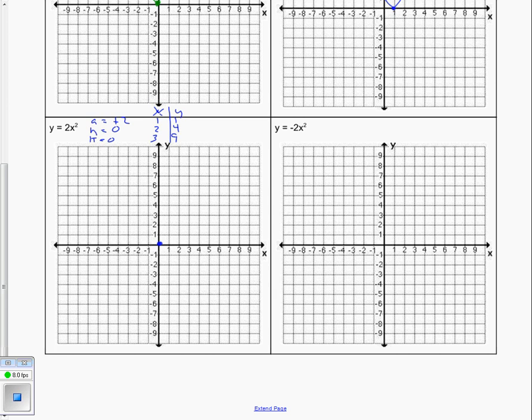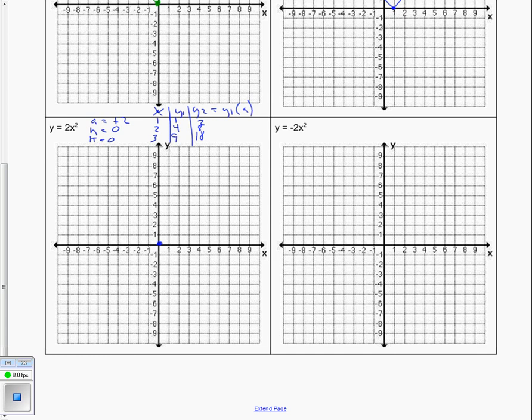Okay, that's the original parent form of the parabola. But because the a value has changed, we need to multiply the y values of the parent form with the a value. So y2, again, is equal to y1 times the a value. So in this case, this is y1 here, so 1 times 2 is 2. 4 times 2 is 8. 9 times 2 is 18.